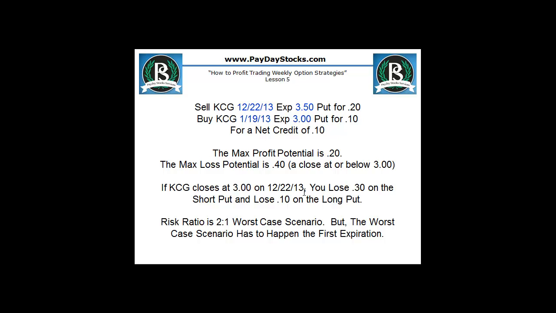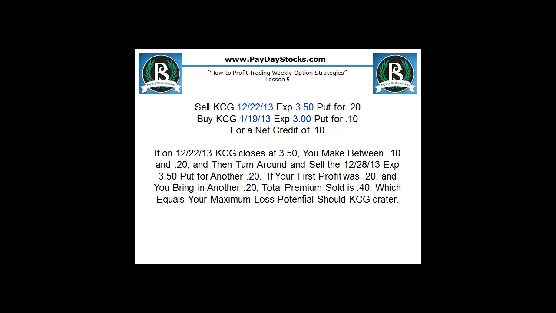So if you were to sell one weekly option for 20, you should be able to sell the next option for 20, and then the next weekly option for 20, all the way up to the long expiration of the long put or call if you're in a call spread. So with this, you can be very consistent.